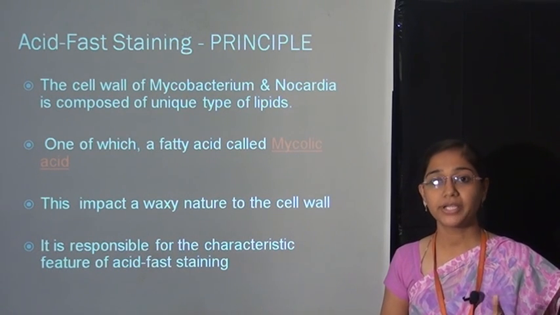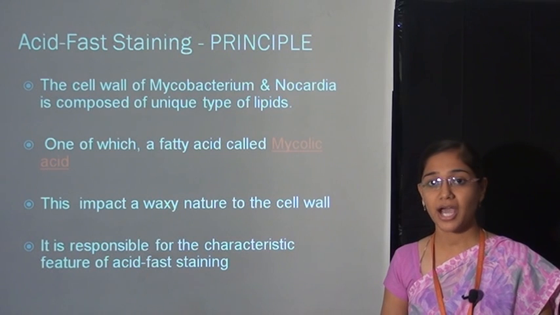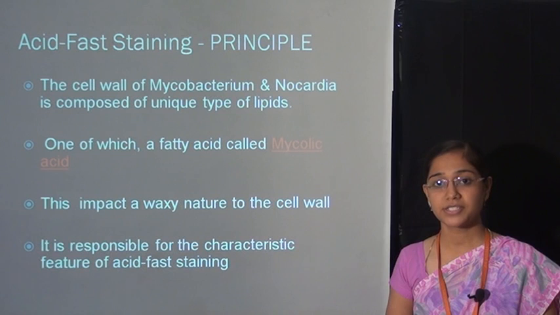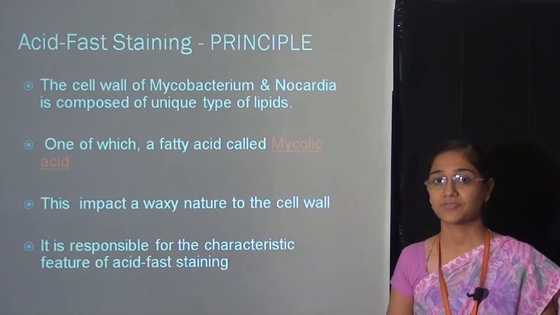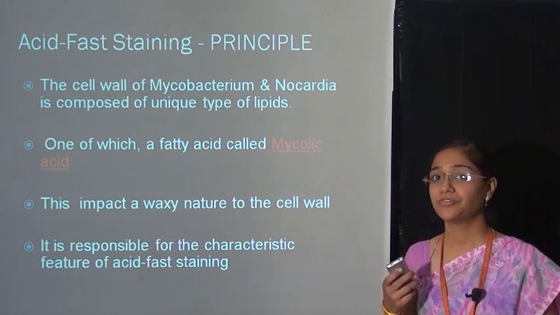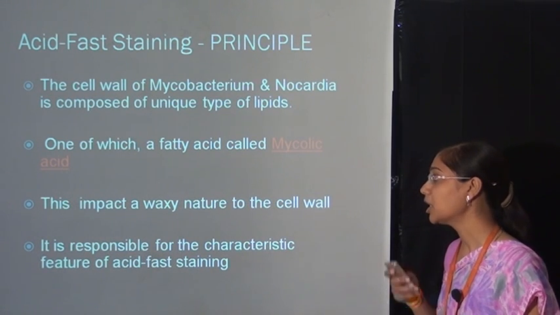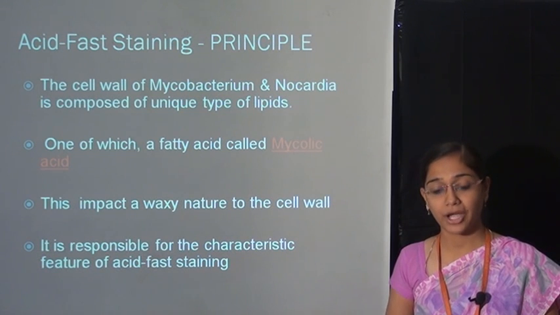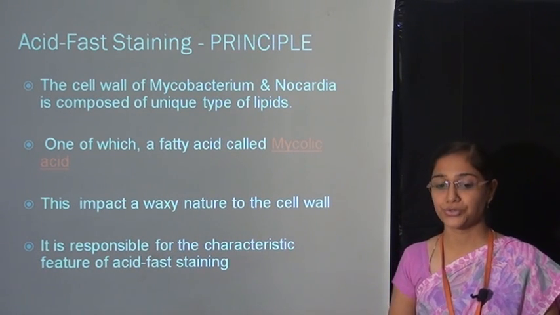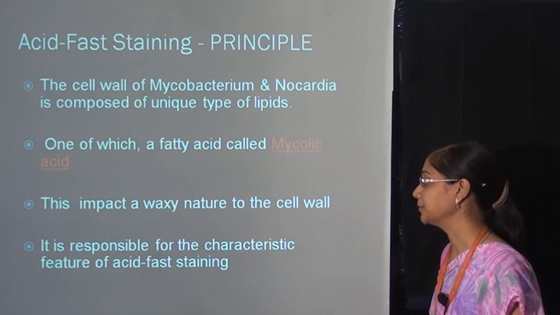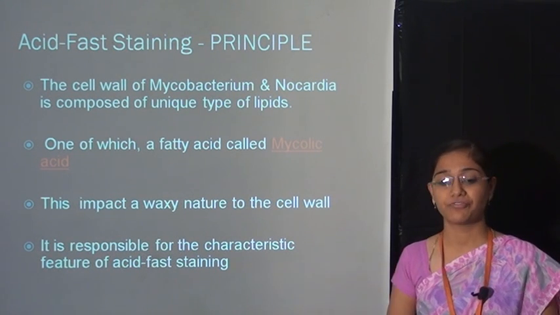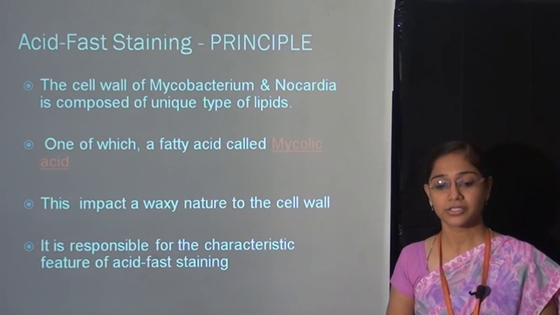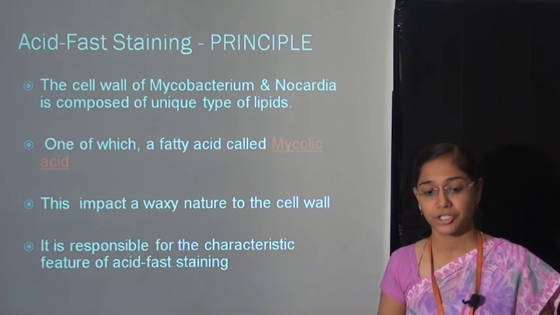That is mycolic acid, and mycolic acid is not stained by the Gram staining method, not stained by crystal violet or safranin. That's why we are using acid-fast staining, because of the mycolic acid present in Mycobacteria, Nocardia and protozoa. It is a fatty acid, and this imparts a waxy nature to the cell wall. It is responsible for the characteristic feature of acid-fast staining.